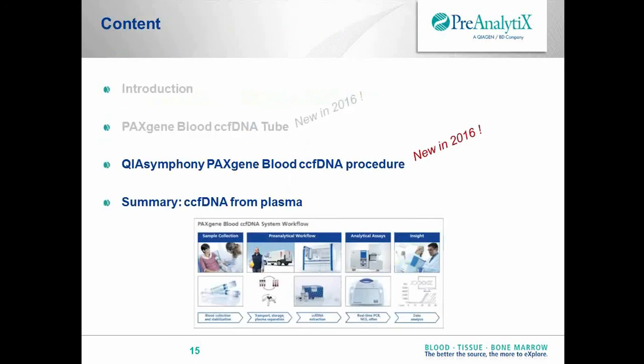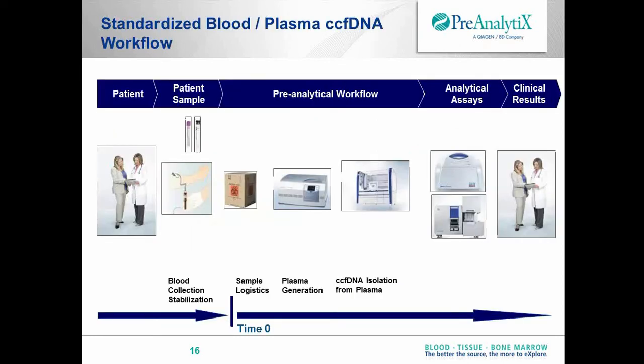Okay, so this was the first part of the system, the PAXgene Blood ccfDNA tube, and now I come to the second part of the system, the QIAsymphony PAXgene Blood ccf procedure, also available this year. To start with this, I just summarized here an overview of the workflow from the patient to the results.